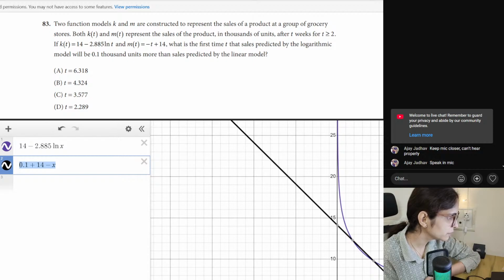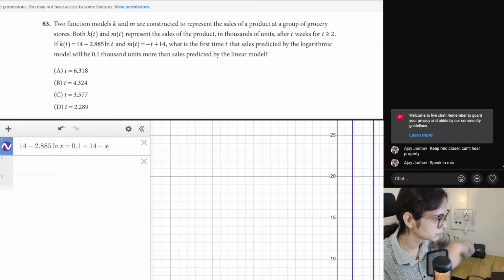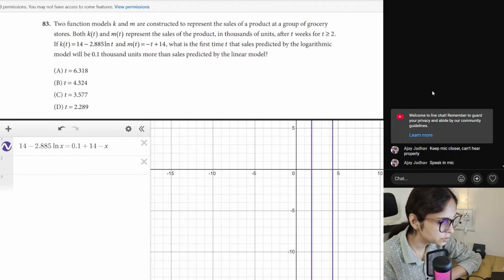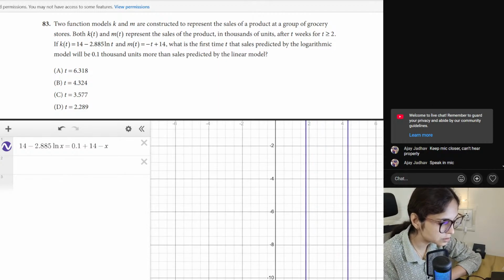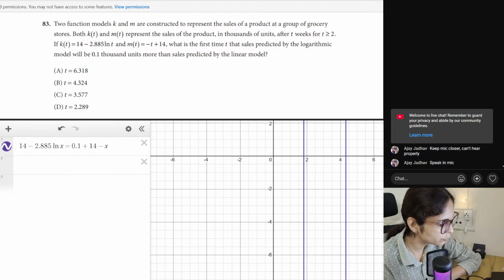The other way that you could have done is you could have just made it equal to this. But when you do this, you will not get the exact answer, you can get just an approximate answer. You can see it's less than 2, we will discard. It's greater than 4. So options C, D, and A are discarded because it is slightly greater than 4 but less than 6.